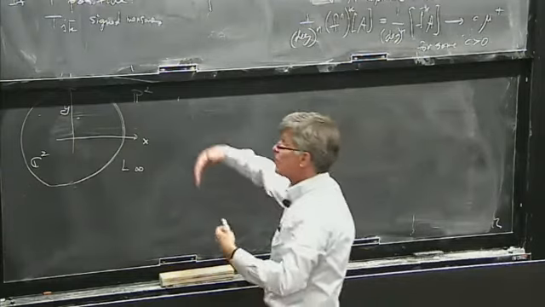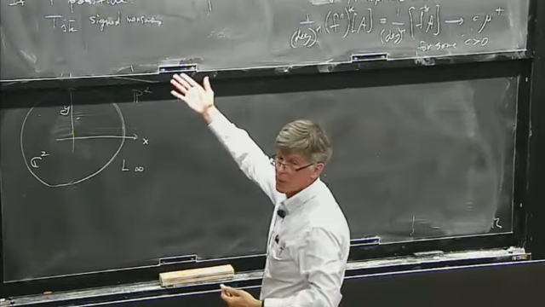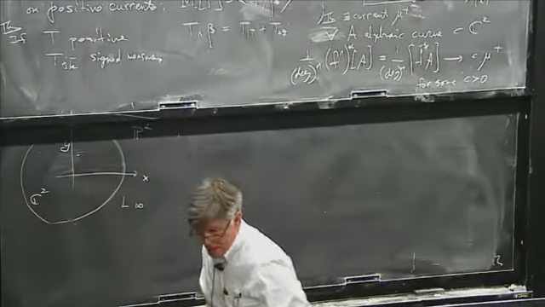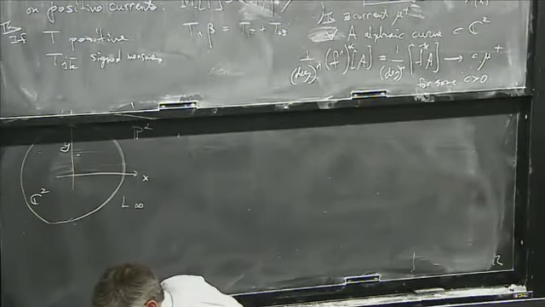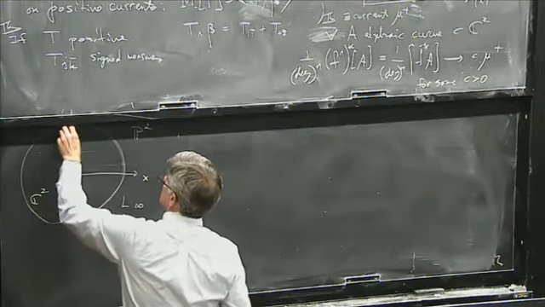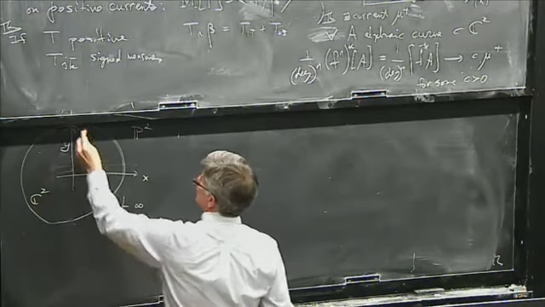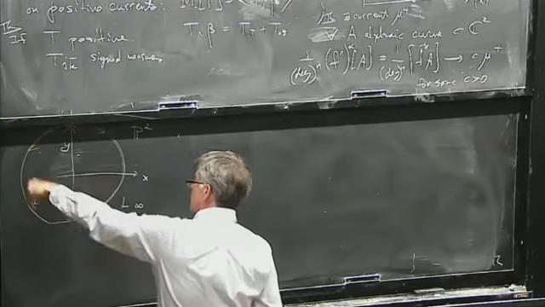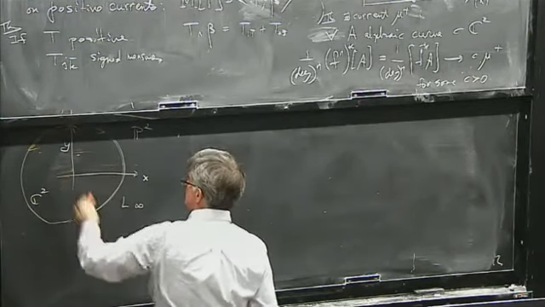I can extend this to a meromorphic or rational mapping of P2. And when I do that, I guess orange is a good color for danger here. This would be a point of indeterminacy. And this point of indeterminacy blows up to all of L, all the line at infinity.